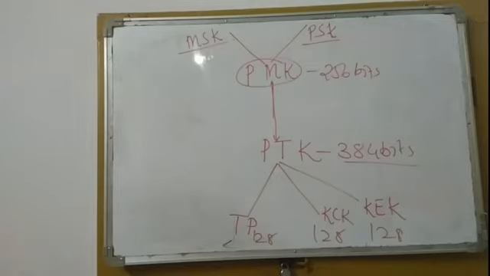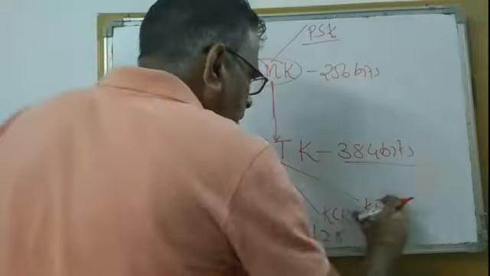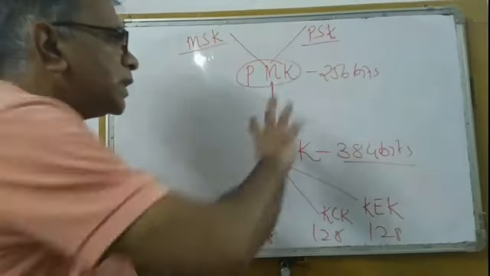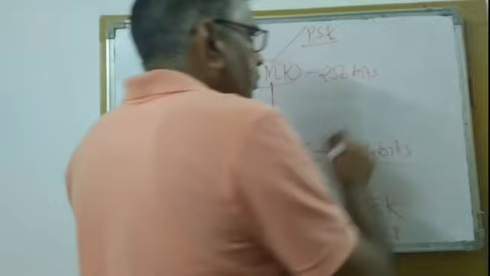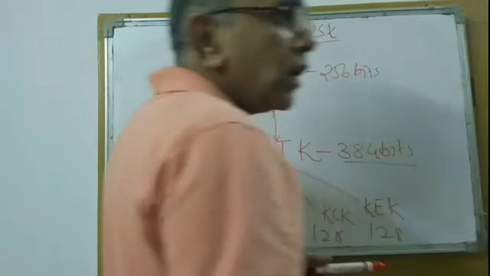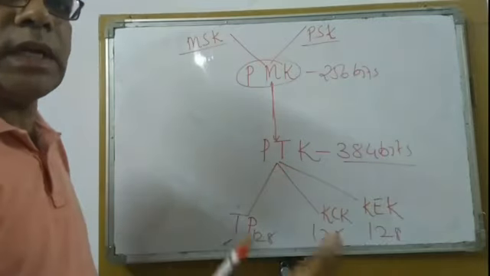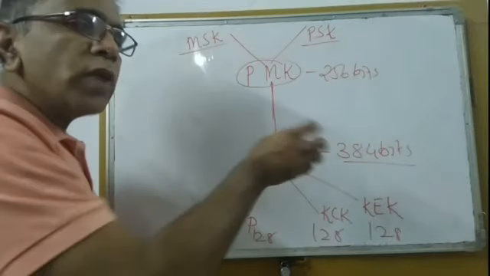Now what exactly will these keys help us do? These are the keys which will be used for further communication. Authentication is done between the AP and the station, but authentication itself will not be used for further communication. Further communication happening between stations and the AP has to happen in a secured manner.